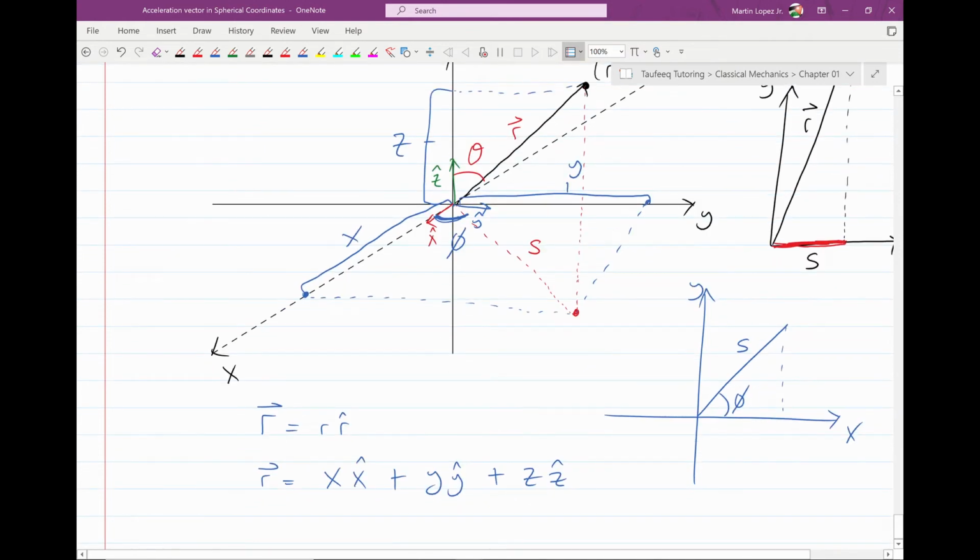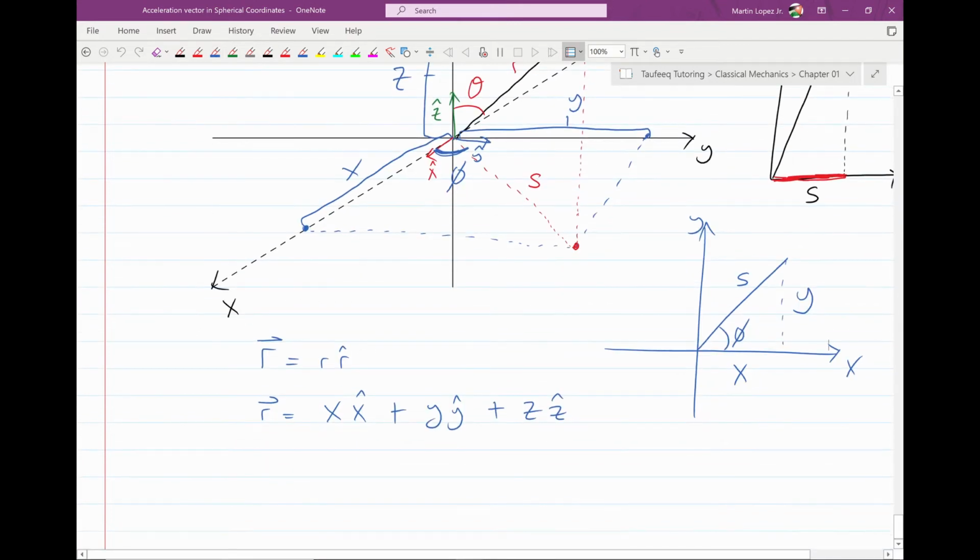Now let us translate this. If we look at this picture, we'll see that x is right here and y is right here. If you translate it from the 3D graph to this 2D plot, you'll see that those map, right? X is at the bottom and y is on the side.